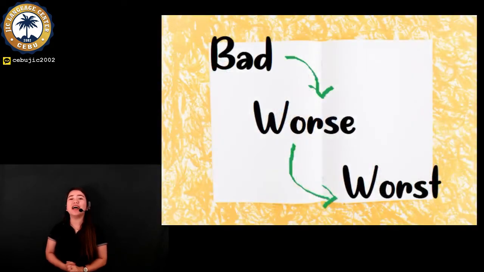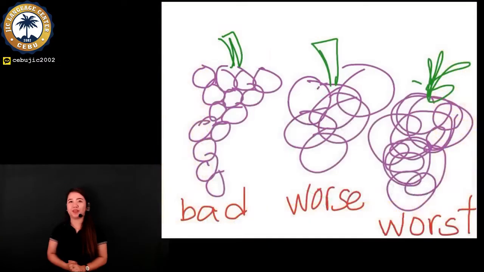So we have some examples here. We have bad, worse, and worst. In our pictures, oh, by the way, what's that? Yes, it is a fruit. But what kind of fruit is it? Yeah, it is grapes. But try to observe the differences between the three of them.